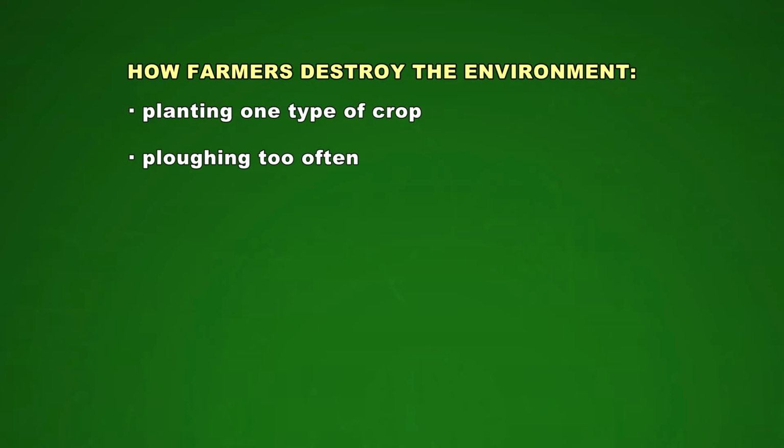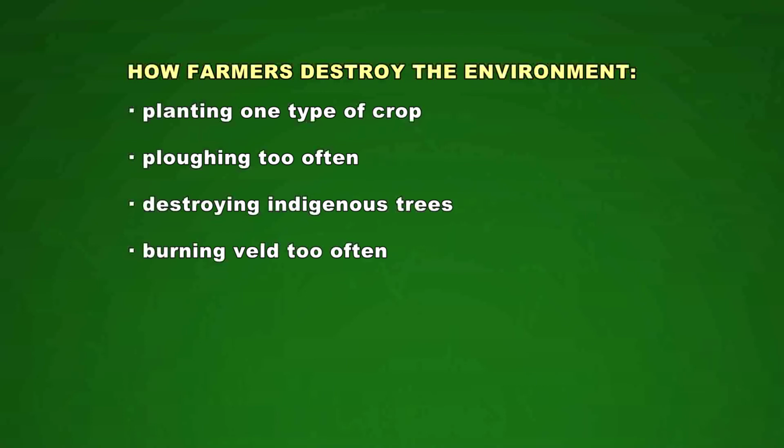Plowing the soil too often so that the topsoil becomes very fine and is then easily blown away by the wind and washed away by water, or by plowing the wrong way. Destroying indigenous trees and other plants to plant crops and build structures. Burning the veldt too often.